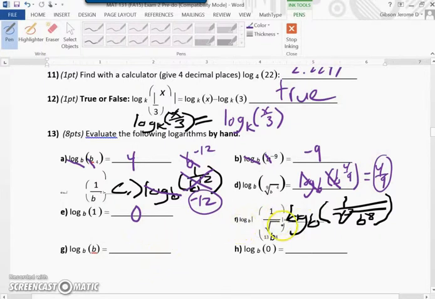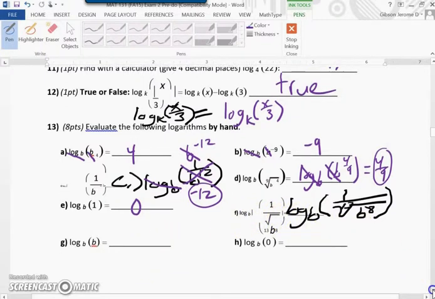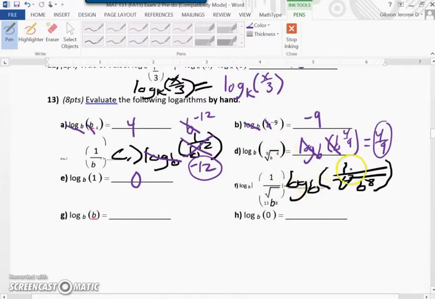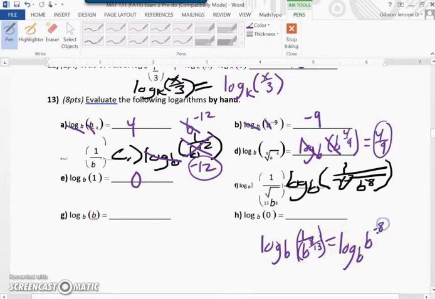Okay, now for F, I'm going to have to do F down here. This is log base b of 1 over the 13th root of b to the 8th. So this would be log base b of 1 over b to the 8 over 13 power. Then this becomes log base b of b to the negative 8/13 power, to get it out of that denominator.